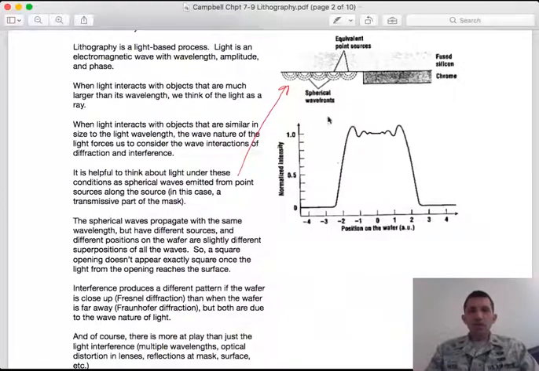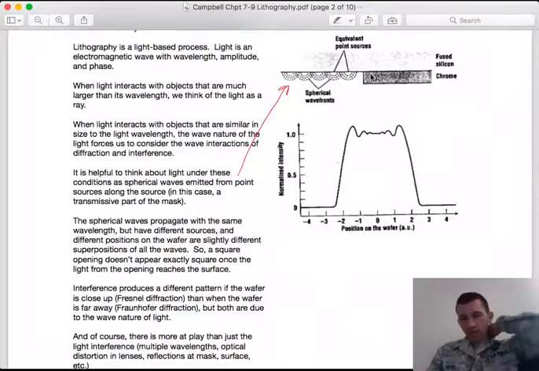So diffraction, I think of as sort of bending around small features, and interference is when you have two different waves that are interacting with one another and either adding constructively or adding destructively, and that leads to maximum and minimum. And so in this regime, we can think about the opening here as being a secondary source, a sort of line of equivalent point sources.